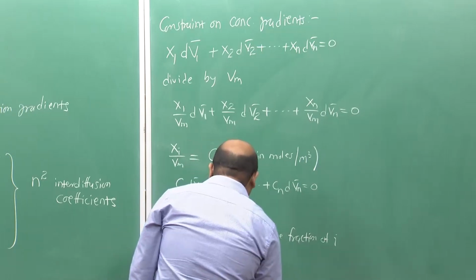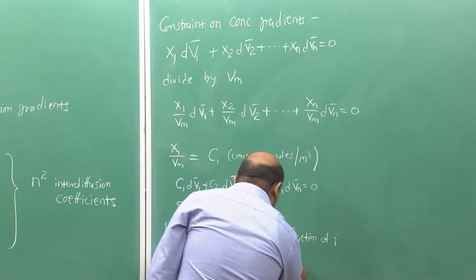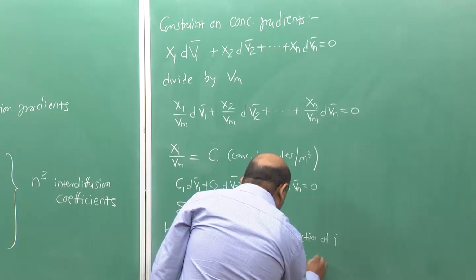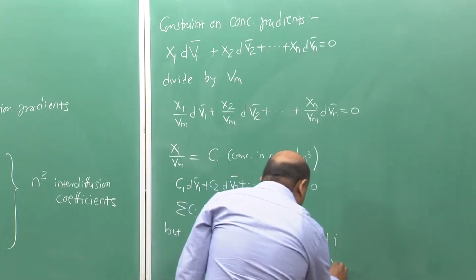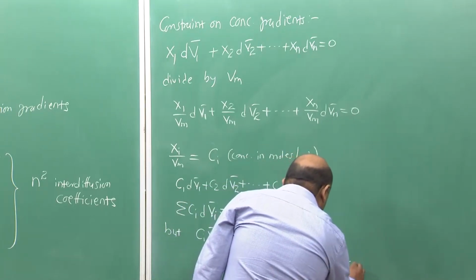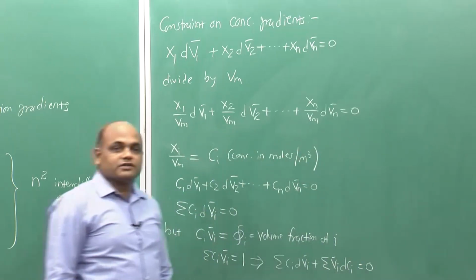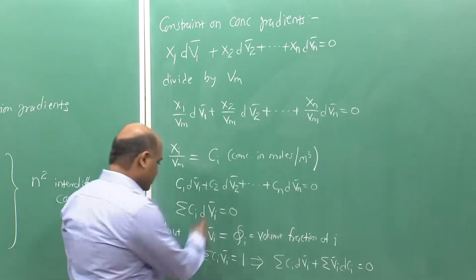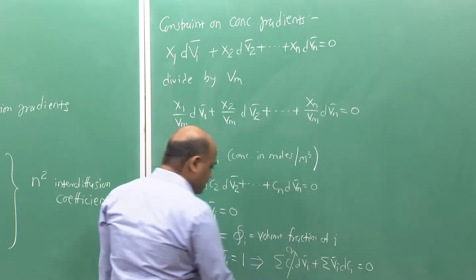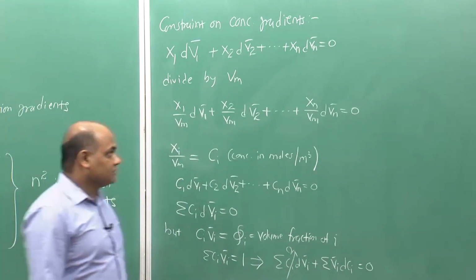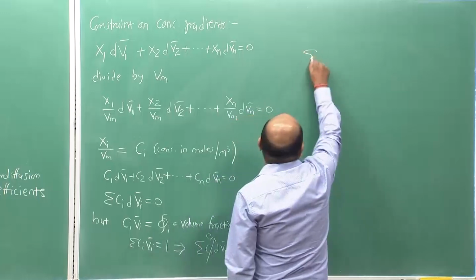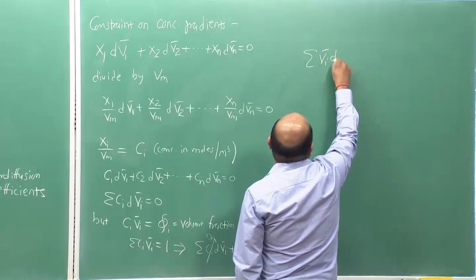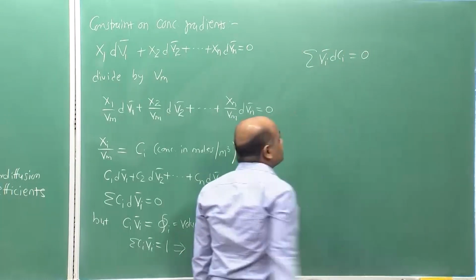So, if we take the differential, sigma Ci dVi bar plus sigma Vi bar dCi should be equal to 0, and this first term we know is already 0. So, we have sigma Vi bar dCi equal to 0.